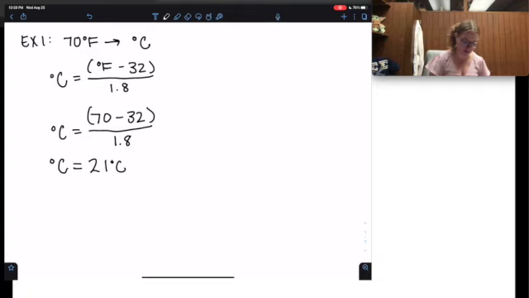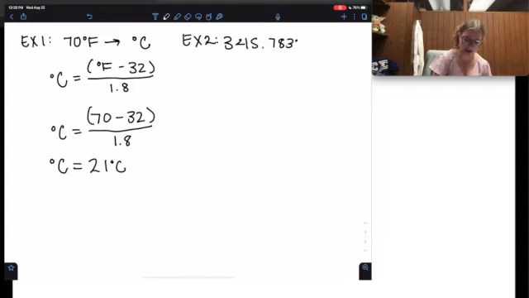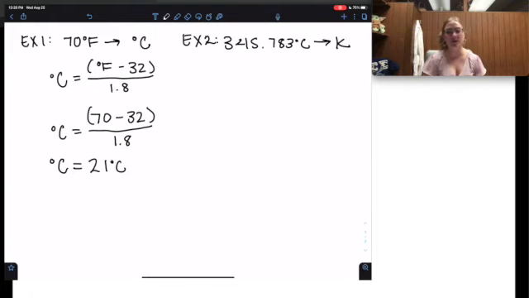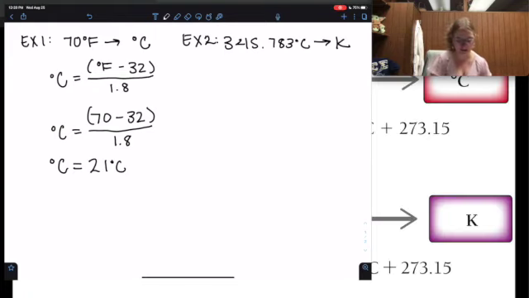So if I wanted to work through example 2 on your screen, it says 345.783 degrees Celsius, and we want to convert that to Kelvin. Again, I'll always give you the equations that you see. So here I have the equation Kelvin equals degrees Celsius plus 273.15.